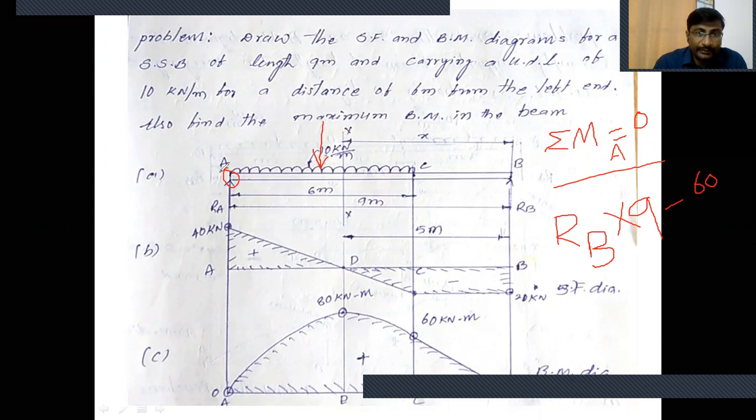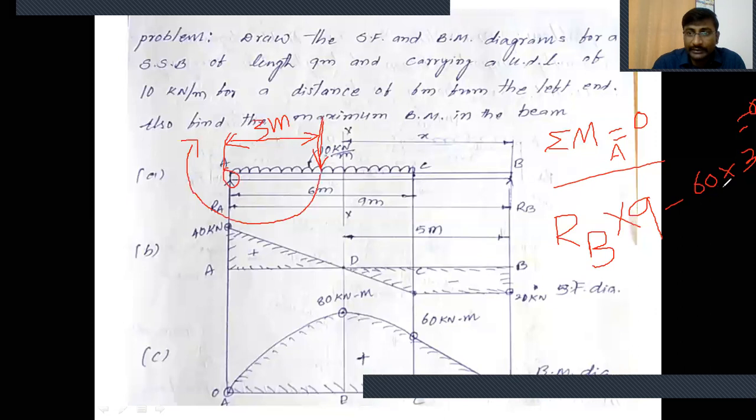The UDL occupies 6 meters, so from A the distance is 3 meters. Clear, students? At a distance of 3 meters the UDL is concentrated. So 60 into 3. Why am I taking minus? Because the load is acting downwards, which develops a moment about point A in the clockwise direction. Clockwise is negative. Then we equate to 0.